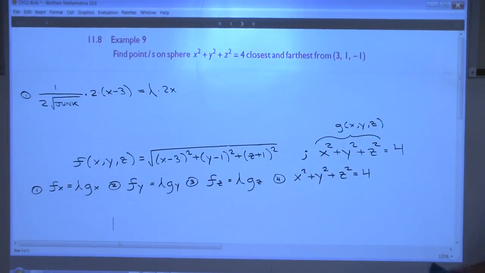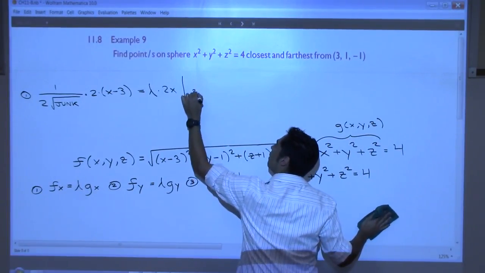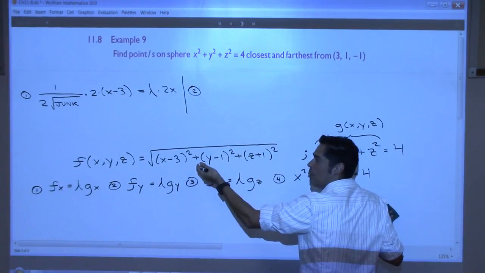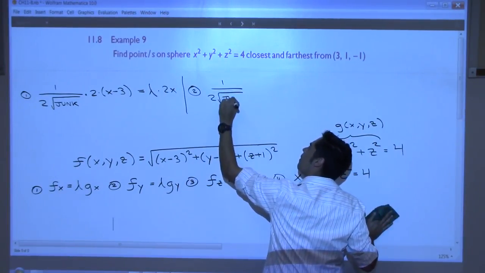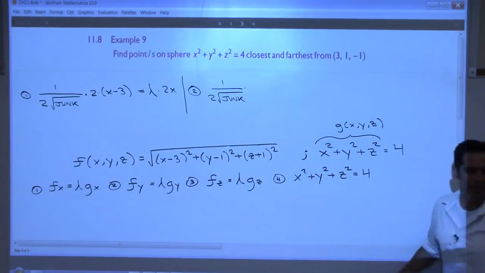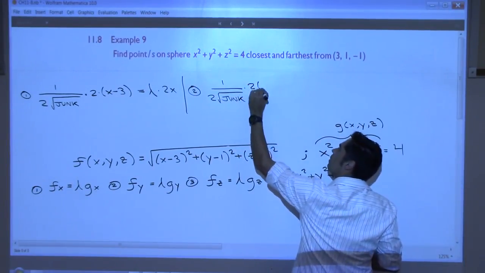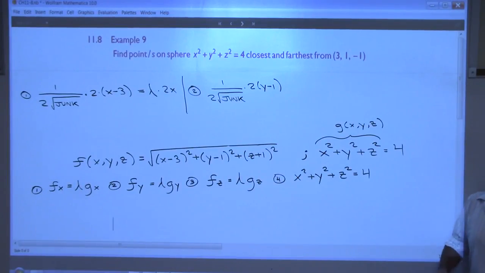We okay with that? All right, now, second equation. Take derivative of this with respect to y. So I still get 1 over 2 root junk, right? Times, now go inside, derivative of the inside with respect to y would be 2 times y minus 1. Is that correct? Agree? Yes? Okay.